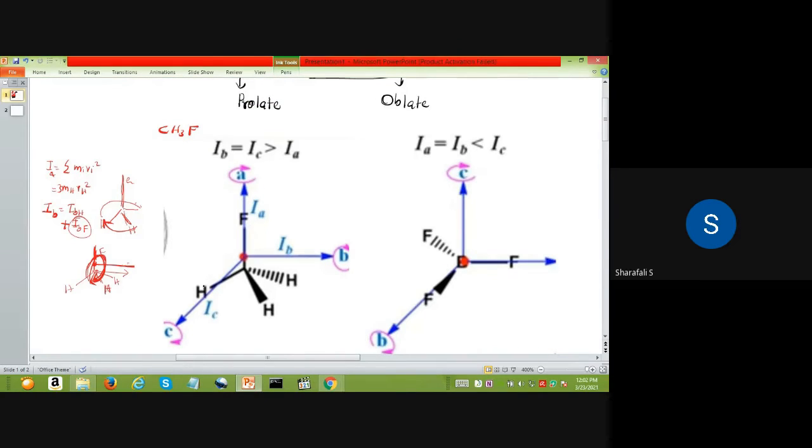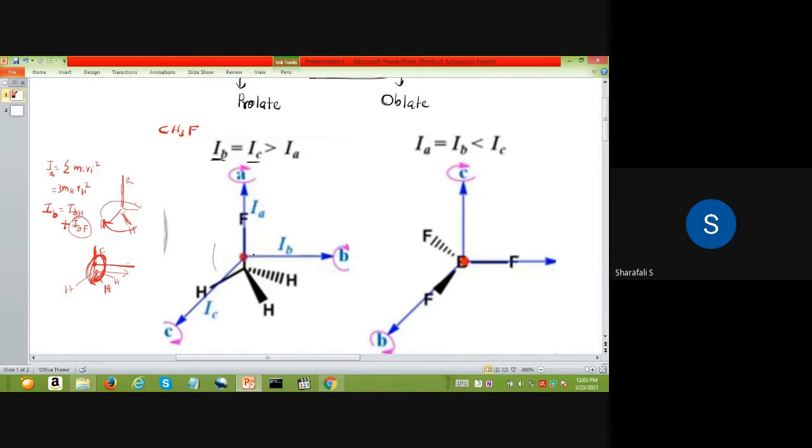In the case of C, it will be rotating like this. In the case of B, it will be rotating in this fashion. So the entire molecule rotates. We have three hydrogen atoms and one fluorine atom which is rotating about that axis. So our I_B will be equal to I_C.